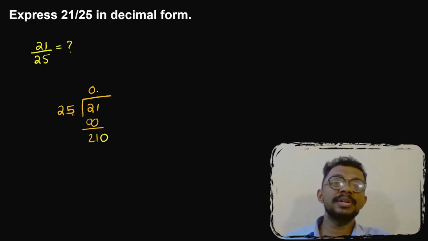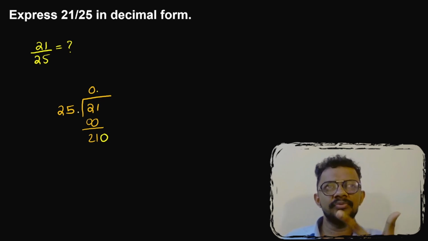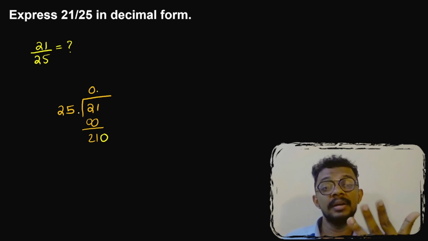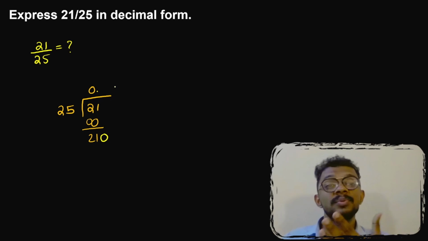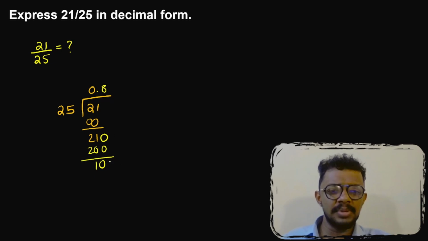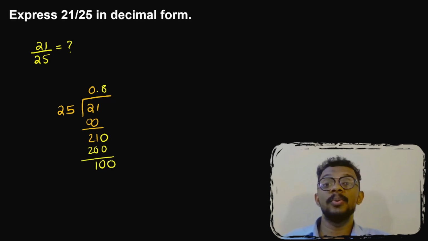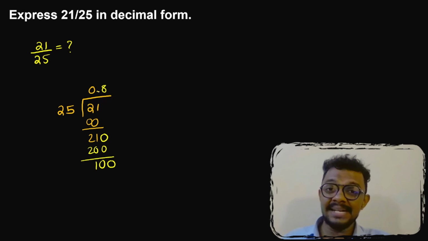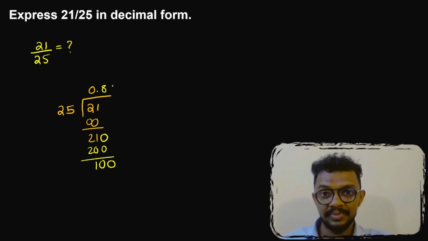Now what? In 210, how many 25s are there? 25, 50, 75, 100. So 4 is 100, so 8 will be 200. 8 into 25, 200. Remainder 10. There is no other number, so I will give an extra zero. This is the procedure. Since I already gave a decimal, I don't need any decimal again.